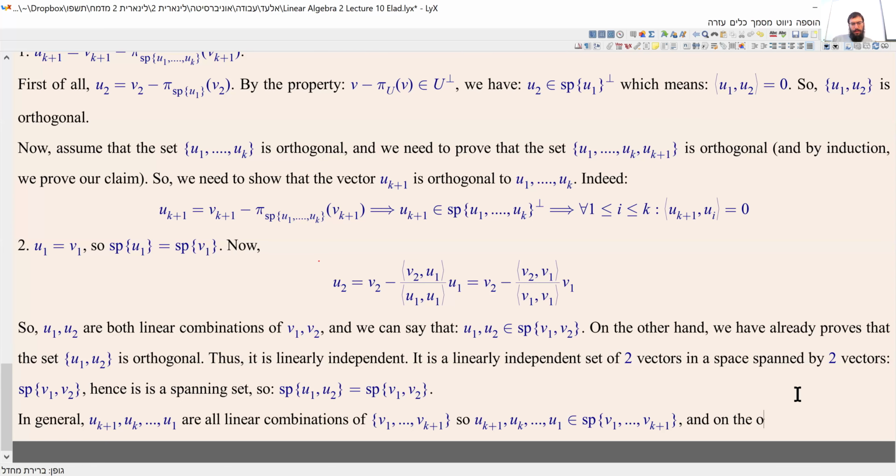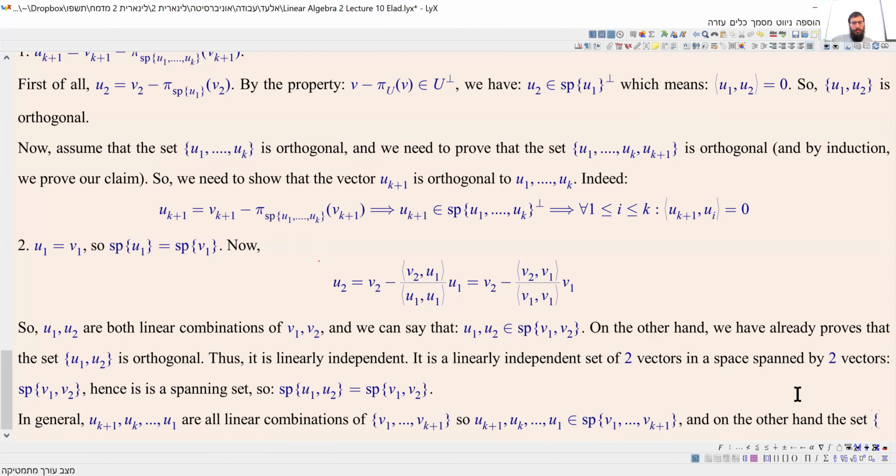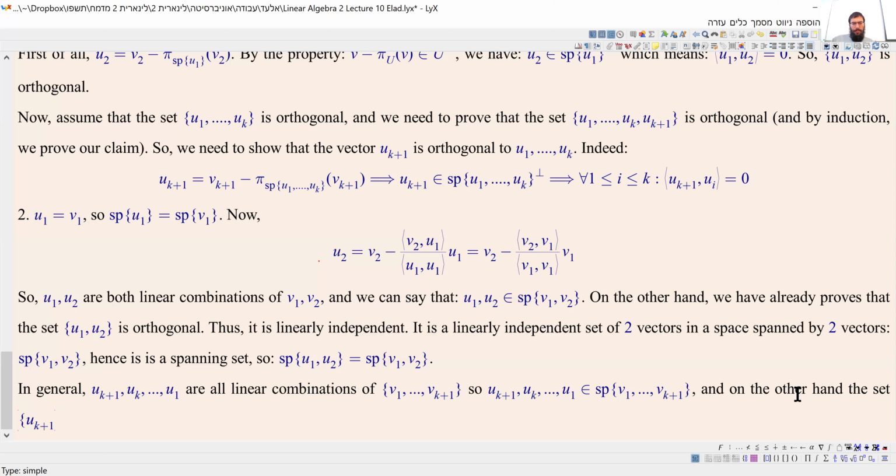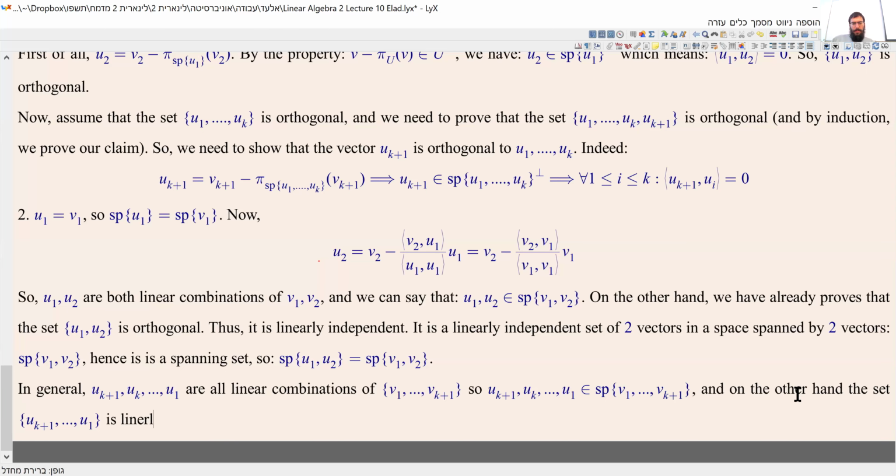And on the other hand, the set of U1 till U k plus 1 is linearly independent, because it is orthogonal. We already proved that. And so the span should be the same.